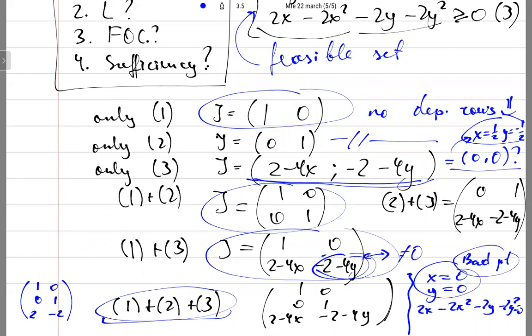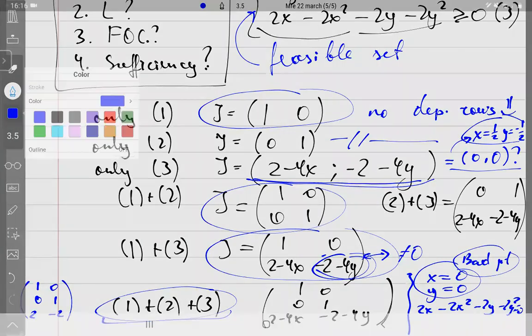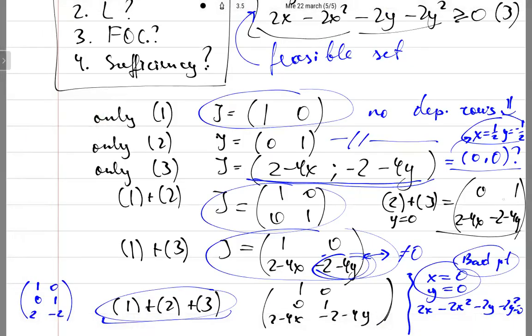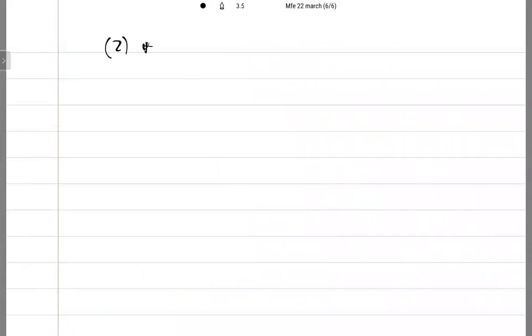And the last case, I think we have no problems in the last case, because if y is 0, then let's check the last situation. 2 and 3 have 0, 1.